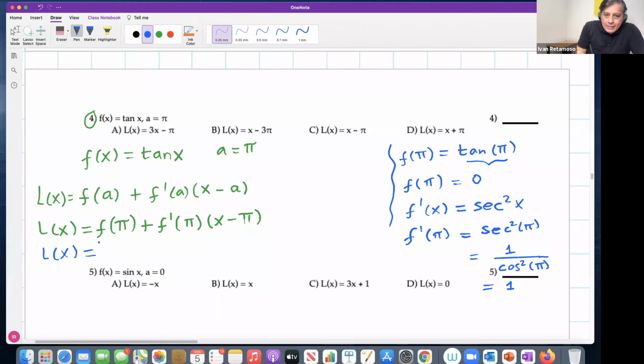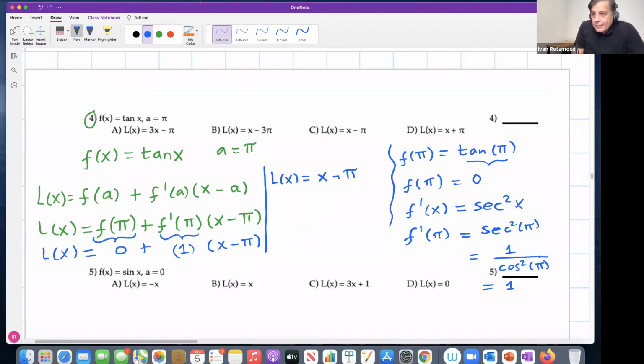L of x will be f of pi, which is 0, plus f prime of pi, the derivative of that, which is 1, times x minus pi. And this simplifies to the following. 0 disappears. 1 times any quantity is just the same quantity. That's it. So believe it or not, guys, the answer for number 4 is just this guy.